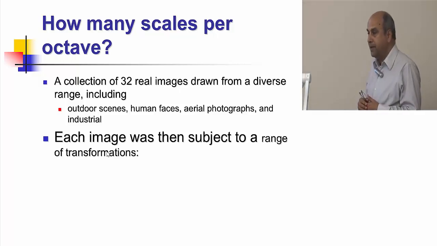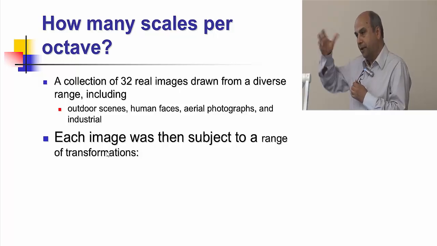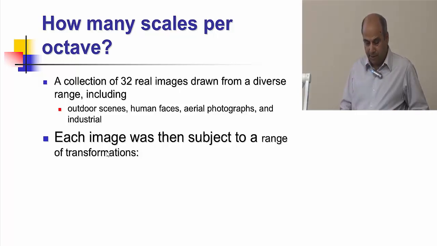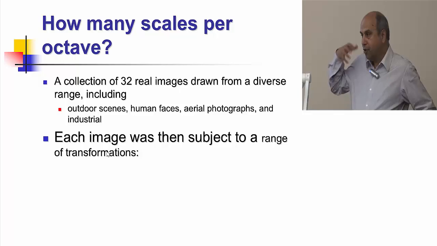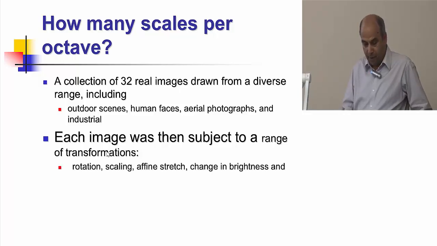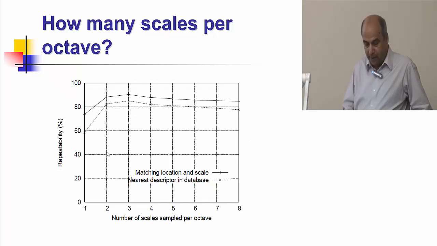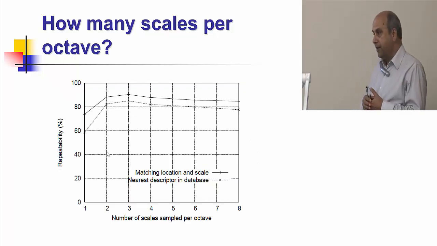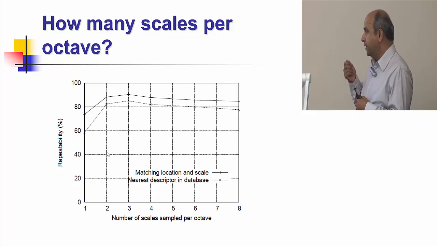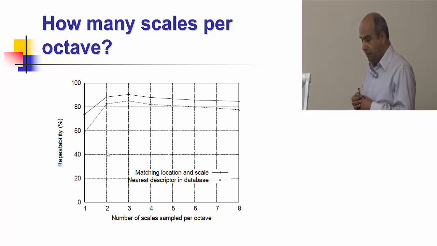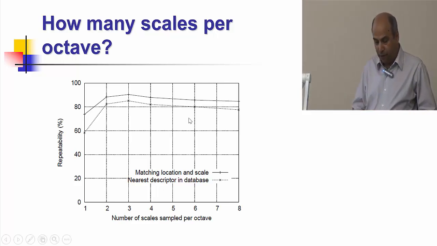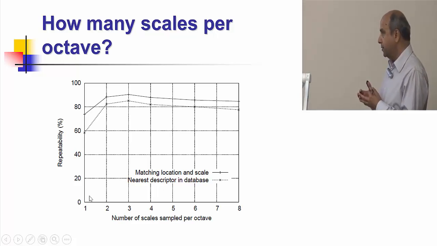Then he applied some transformations, like rotation, scaling, and some affine transformations, so you have transformed versions of these images. Then he did the study: let's pick a particular number, say if we have only one scale, what's the performance?